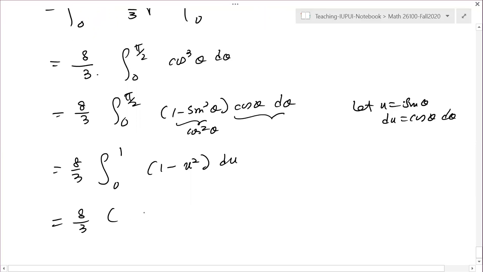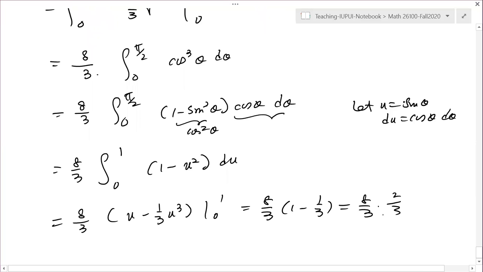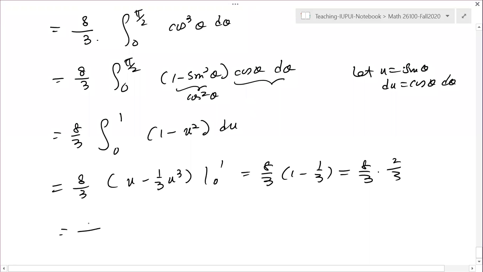The antiderivative will be u minus 1/3 u cubed. When you plug in 1 for u, you get 1 minus 1/3, which is 2/3. So that will be 16/9. Finally we get this.